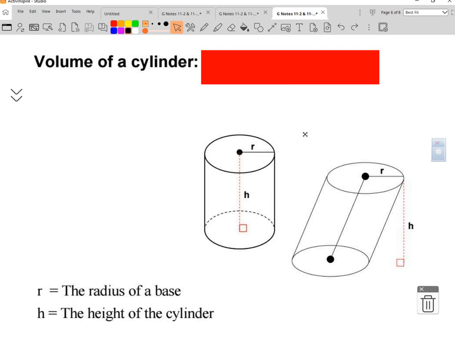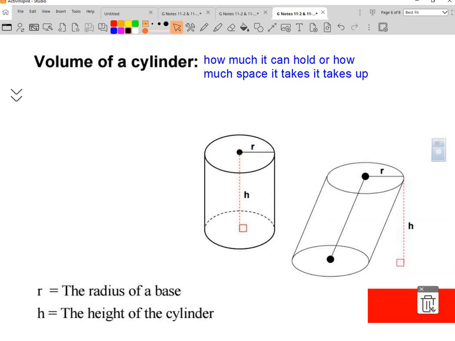Because your body takes up space in that water, right? So you are taking up the space that that water was in before. So volume is how much a solid will hold or how much space it takes up. That's not an exact definition, but it's a practical one. We just want to know what we're finding when we say we're finding the volume. That's what we're finding.